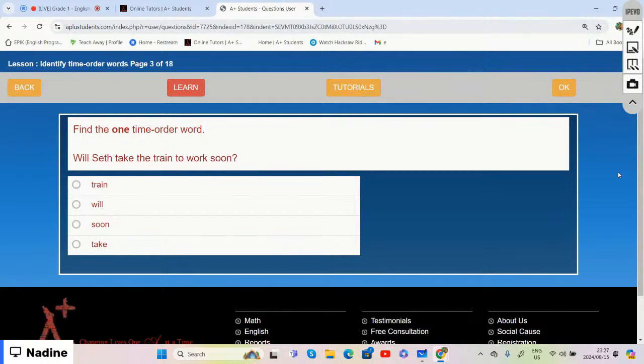Will Seth take the train to work soon? We need to find the one time order word. Is it train, will, soon, or take? We need to choose the correct answer.